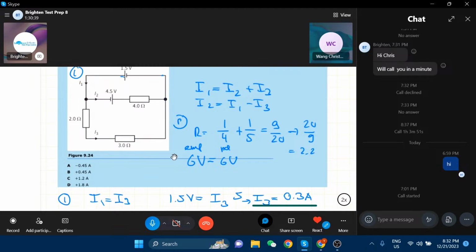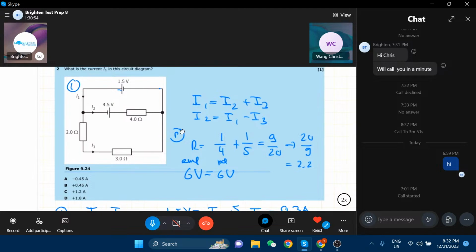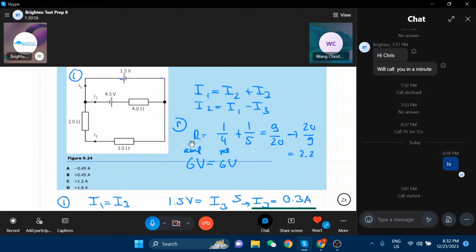Now, how can we get something where we can easily calculate I2? If we know I1, then I2 equals I1 minus I3.